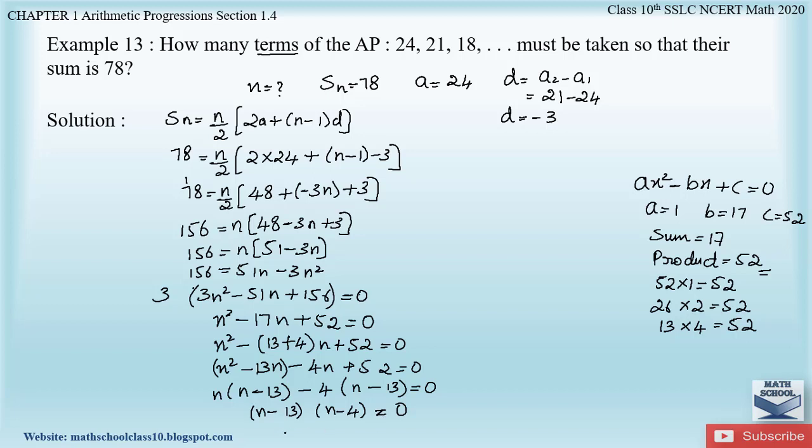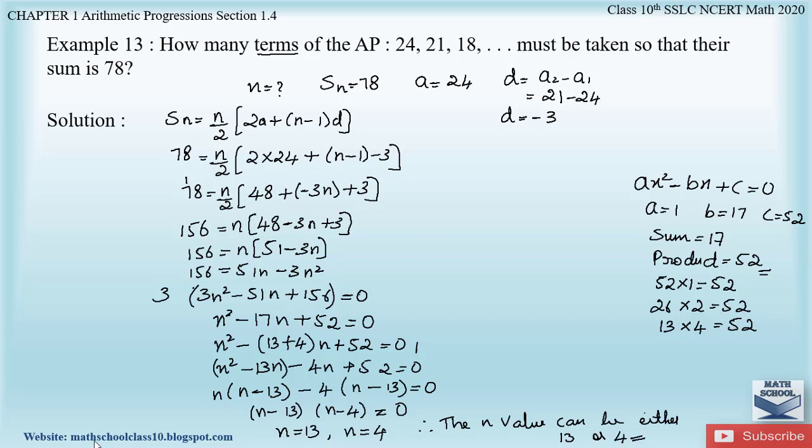Therefore, from this equation, n can be either 13 or n can be equal to 4. Since we had to find out the n value, from the result we have got two values of n. So either n can be 13 or n value can be 4. Therefore, let's write down, the n value can be either 13 or 4.